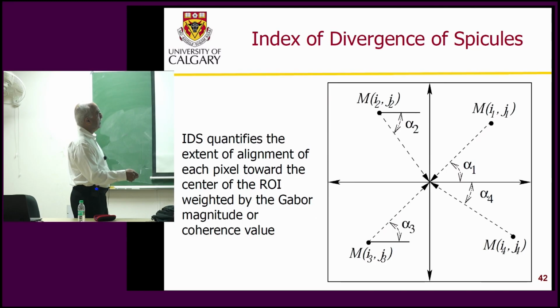And this is for a pixel in this window at angle alpha 1. If there is a large value of the magnitude, and it agrees with the angle given by the model, then it is a spicule. So do that for all of these pixels.